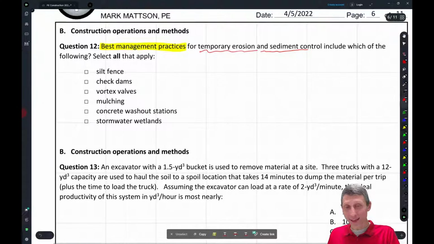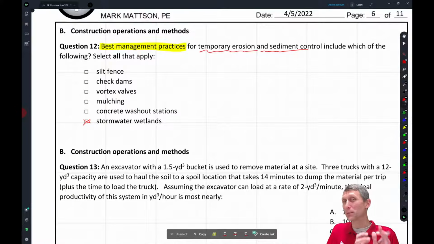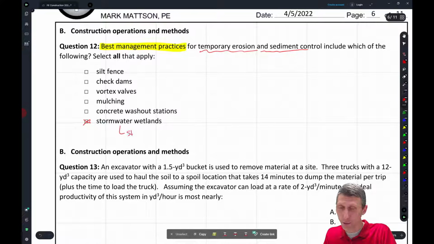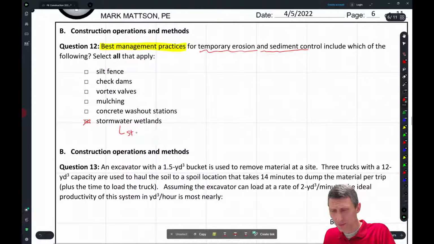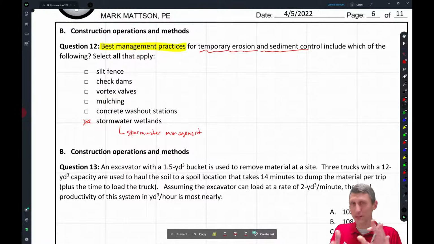So the wetland is actually not a stormwater best management practice. It's a stormwater management practice, as opposed to a best management practice for erosion sediment control. There's a slight difference and nuance there in the definition.